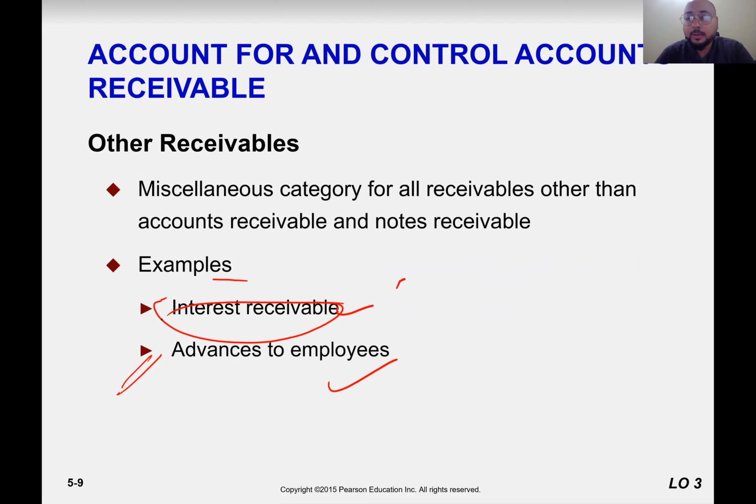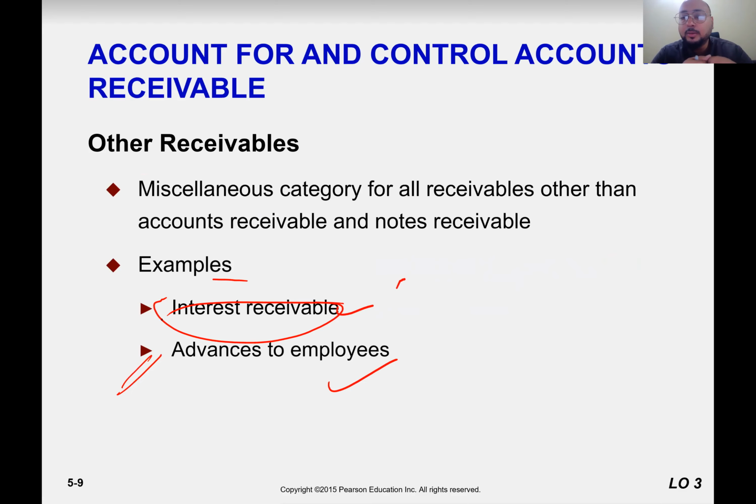So other receivables can be. So the primary receivables are accounts receivable or trade receivables, right? Because that occurred, that are natural with the business operation. Business operation is to sell goods, buy raw material, sell goods. That's it.